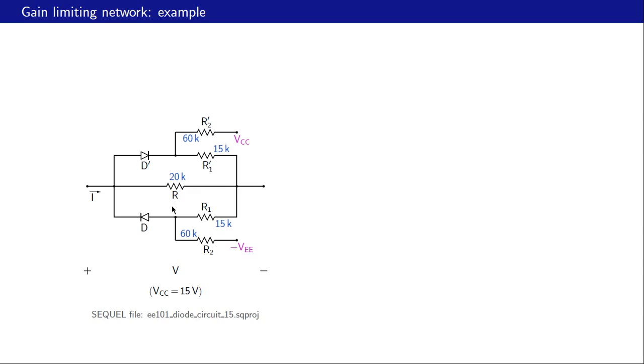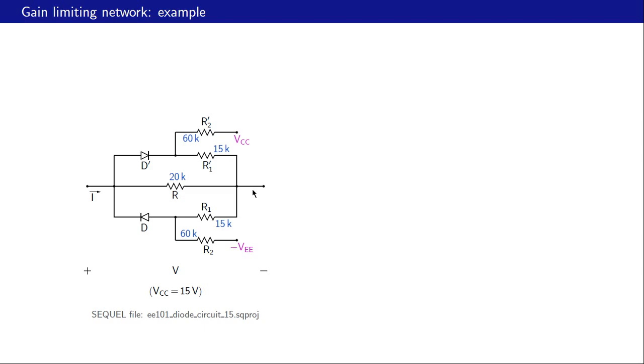Alright, now the way this circuit works is for small voltages, neither D is on nor D prime is on, and the only resistance in the circuit is this R here, and that is our conduction path.